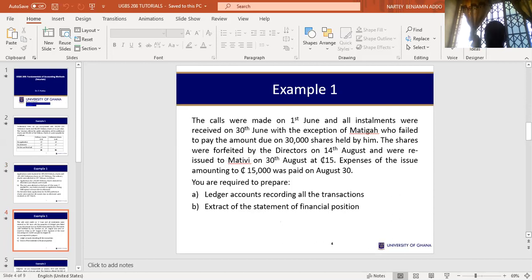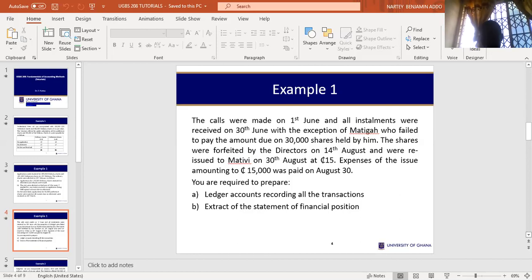Expenses of the issue amounting to 15,000 cedis were paid on August 30. So that is the expenses that were incurred in the issuance of the shares. Now you are required to prepare ledger accounts recording all the transactions and then an extract of the statement of financial position.